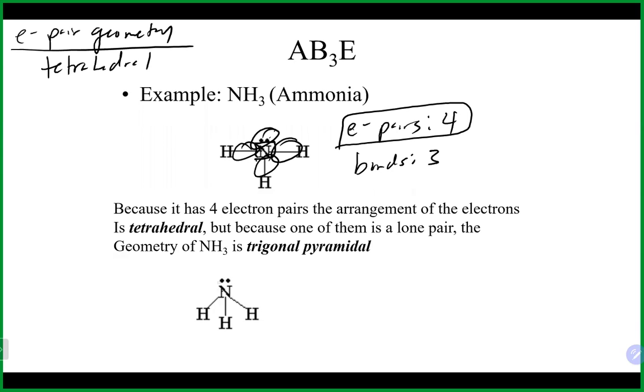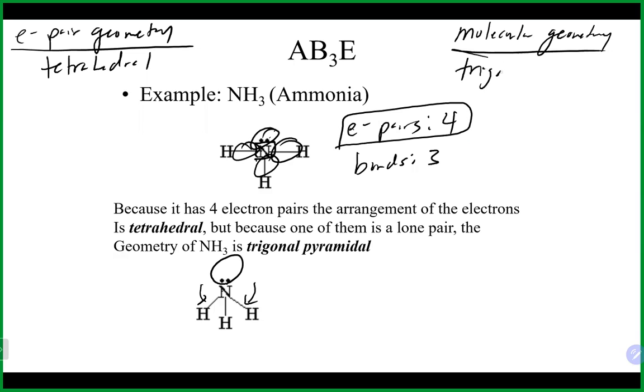Now with those non-bonding electrons, they're going to go up, and as they do, our bonding electrons are going to move down because they can be okay near each other. And what we will end up getting is a molecular geometry known as trigonal pyramid. And it will have a bond angle of less than 109.5 degrees, about 107-ish in that ballpark.